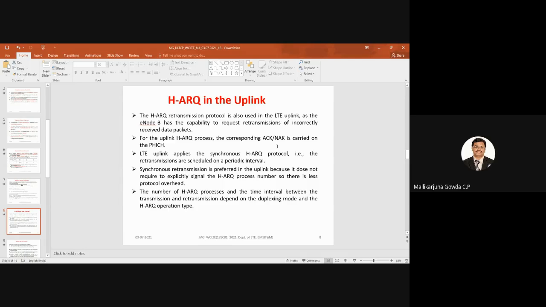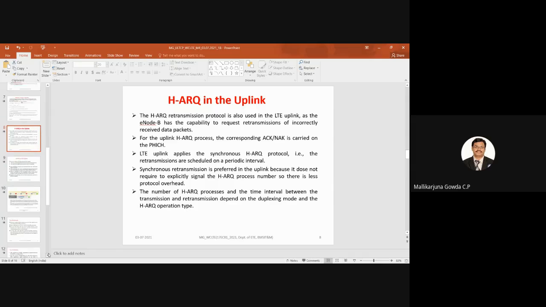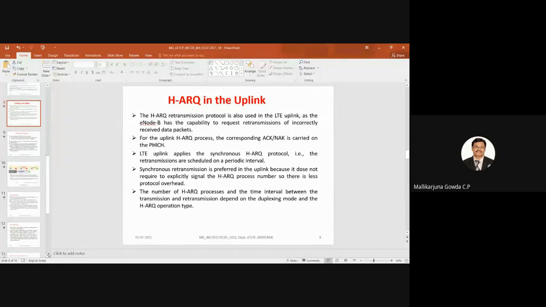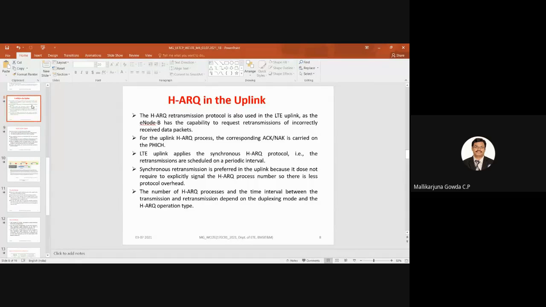Then this is the hybrid ARQ in the uplink. Hope you are aware what hybrid ARQ is. At least you should know why we use ARQ. That is automatic repeat request, right? So this ARQ is used for what?